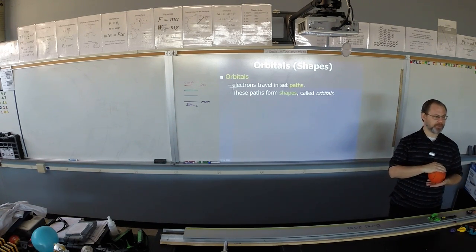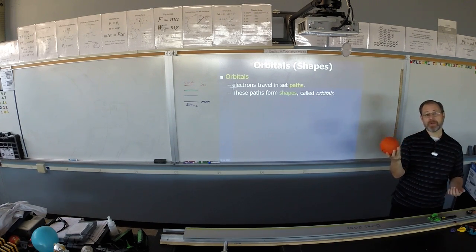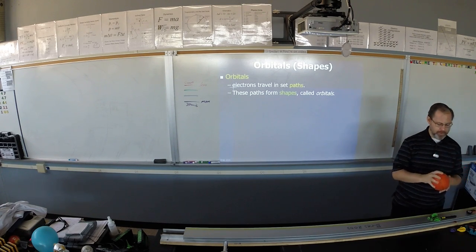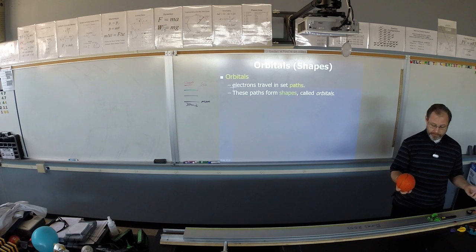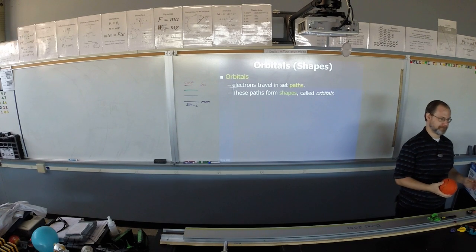What's the simplest shape in the known universe? Yeah, a circle. And in 3 dimensions we call it a sphere. So the simplest shape in the known universe is a sphere, which is why all planets, all stars are spheres. Yeah, stars are spheres too.